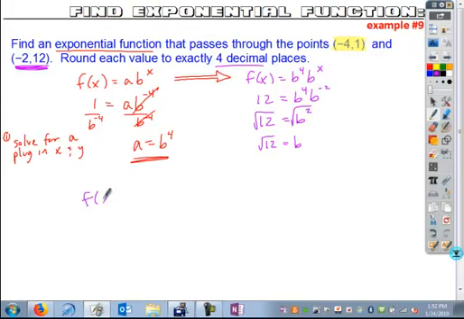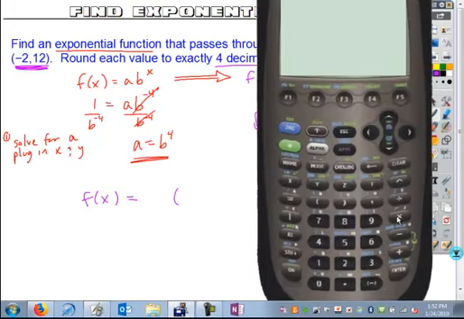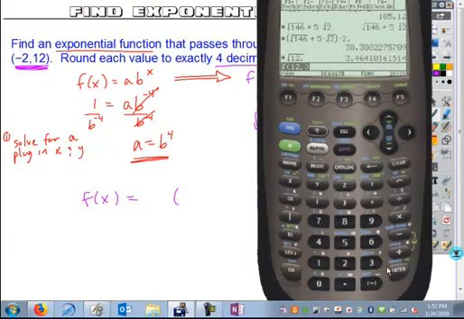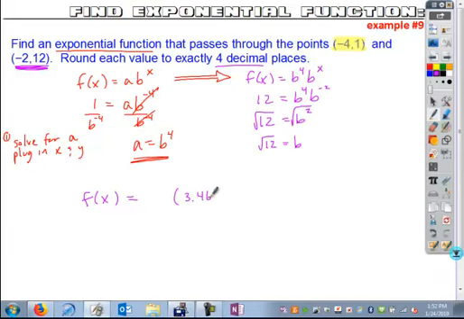So right now I know this portion of my function. My answer is going to be f of x is equal to whatever my a value is times the square root of 12, which I can calculate here. I get 3.4641, all to the x. All I need to do is figure out my a value.